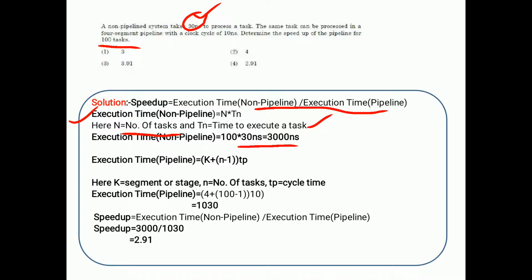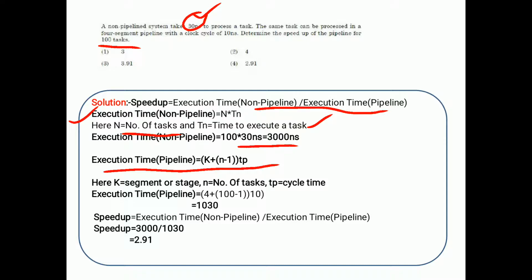And in case of pipeline, the formula for the execution time is (k plus n minus 1) into tp. Here k stands for the stages or segments, n is the number of tasks, and tp is the cycle time.